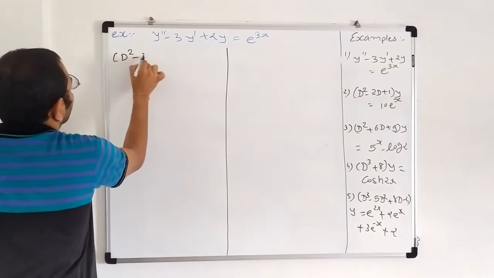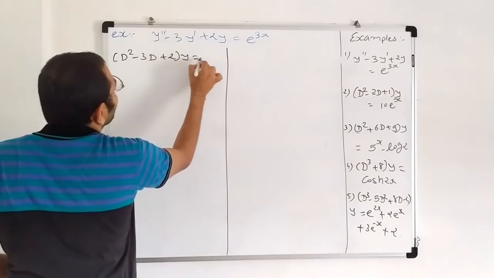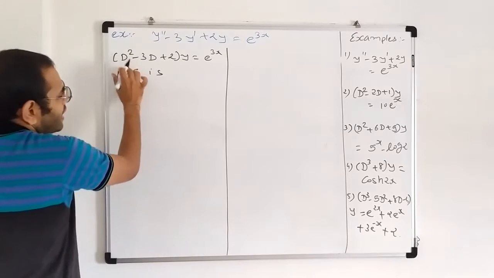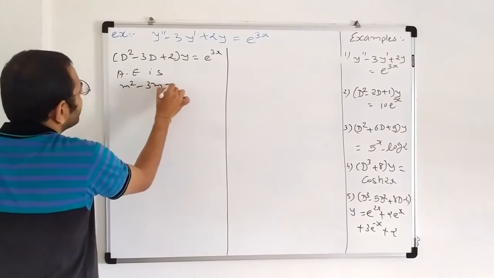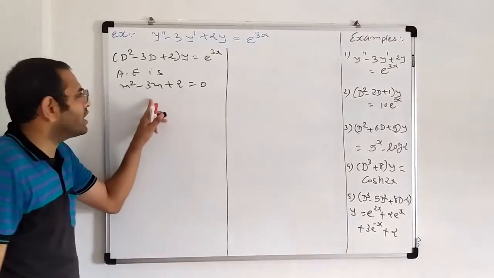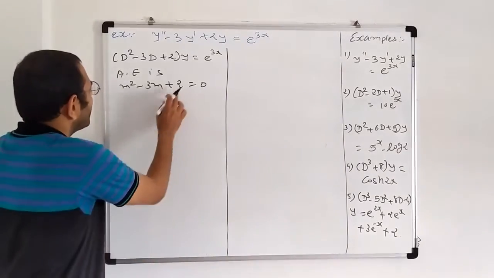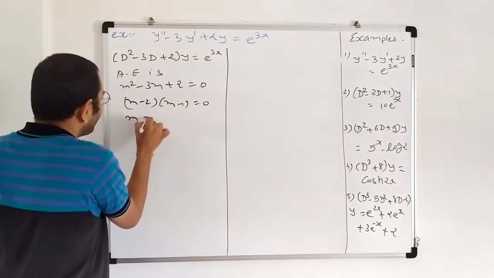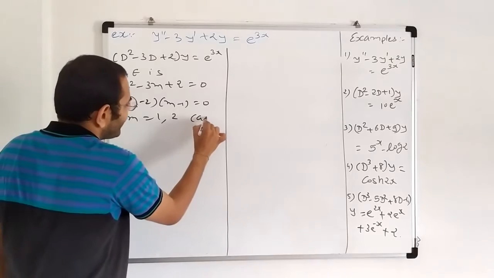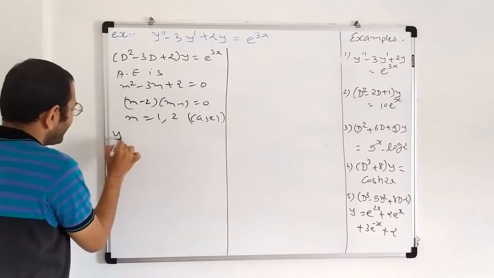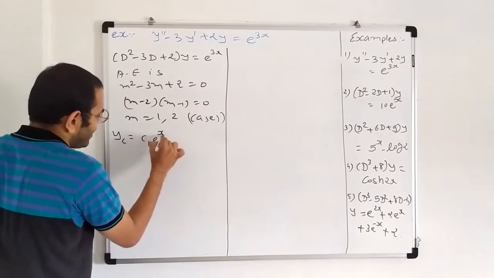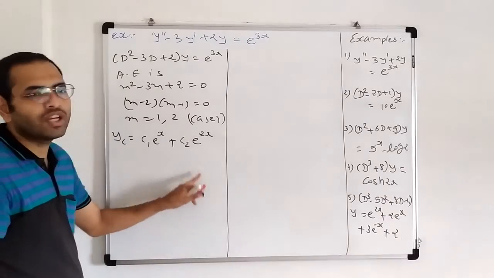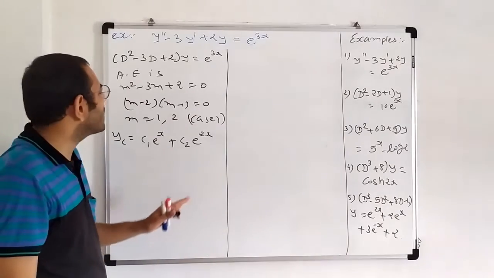Rewrite this equation: D square minus 3D plus 2, y common, equal to e raised to 3x. Then the auxiliary equation is, replace D by m. Factorize this: m minus 2, m minus 1 equal to 0, so m is 1 and 2. That is case 1 of YC, then YC equal to c1 e raised to m1x plus c2 e raised to m2x, where c1 and c2 are arbitrary constants.